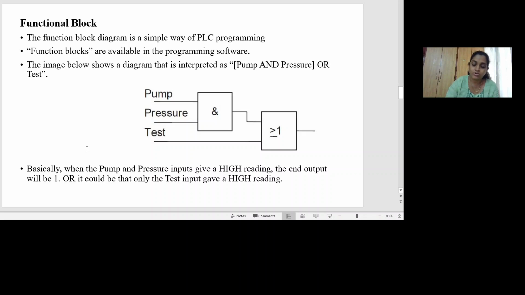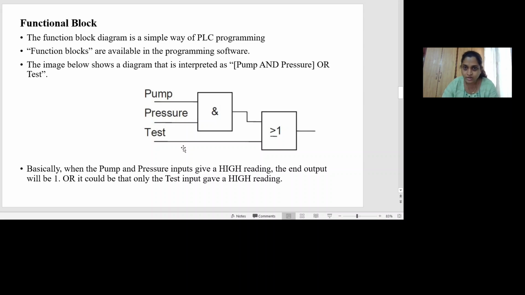The functional block diagram was developed to create systems which use common repeatable tasks like counters, timers, and PID loops. So whenever an application requires that some tasks or activities have to be repeated, in that case, I can go for this functional block diagram.